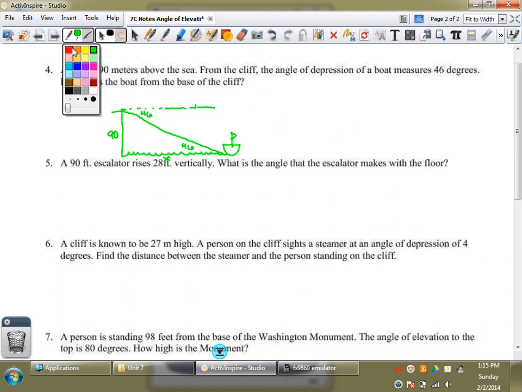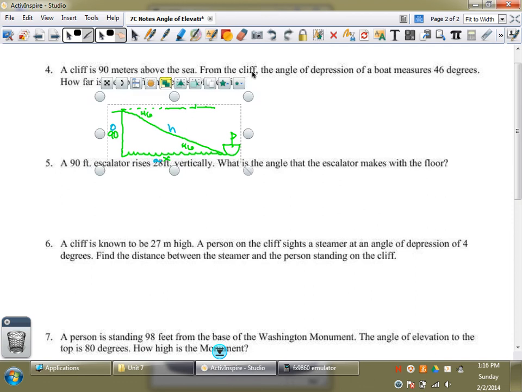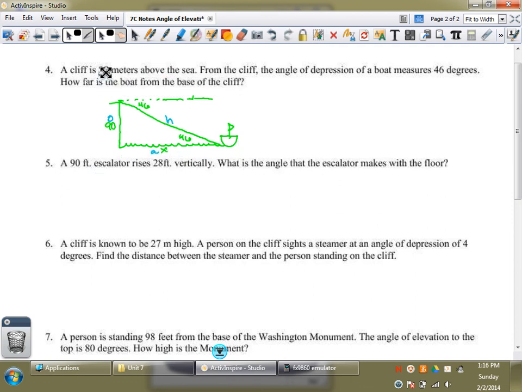So when we label, we get opposite, adjacent, hypotenuse. Let's move all this up a little bit so we can see. So we have, again, tangent. The tangent of 46 equals 90 over x. Now here we have the variable on the bottom. You'll remember that when we had the variable on the bottom, x is going to equal 90 divided by the tangent of 46.